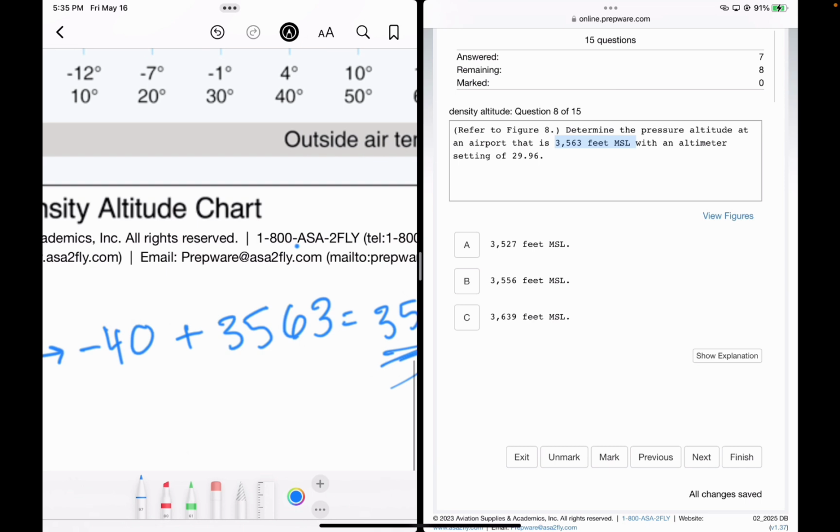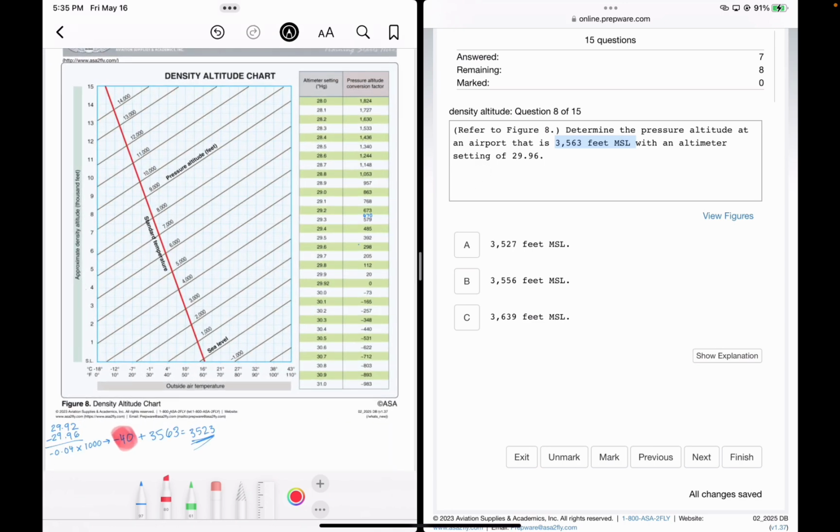Before we do anything, let's check our work using the chart. What if our math is different from the chart? This is the conversion factor, -40. Let's go to the chart. Let's find this number, 29.96 on the chart, and let's see if our conversion factor is close.